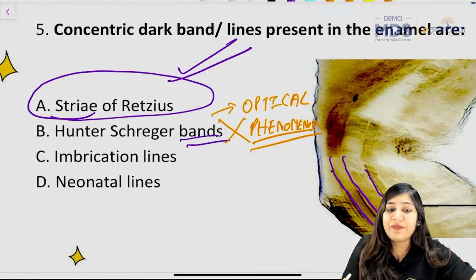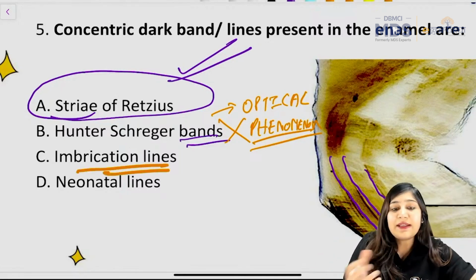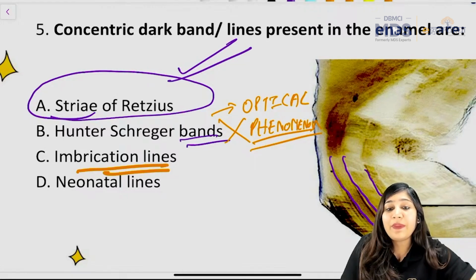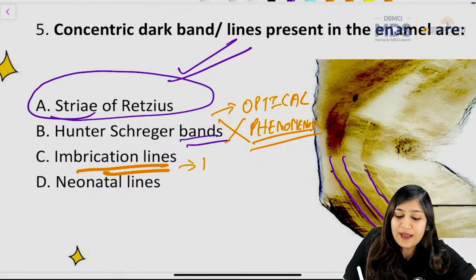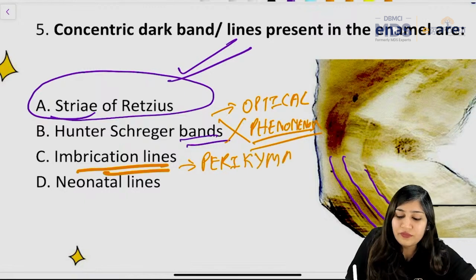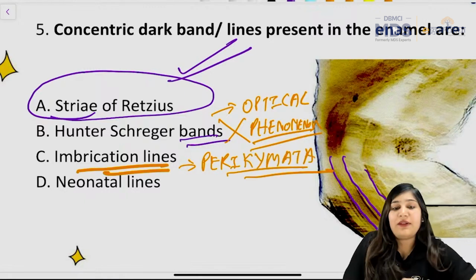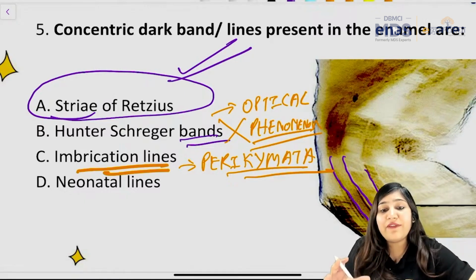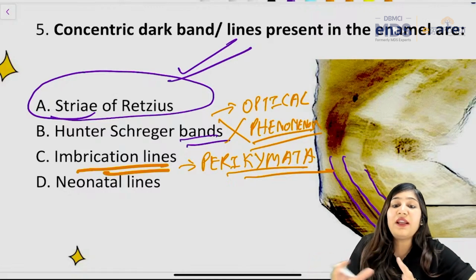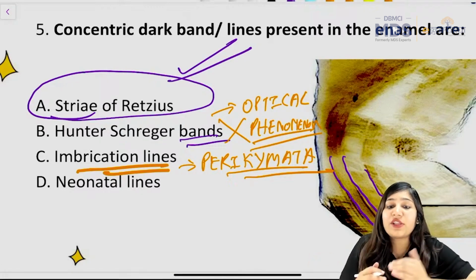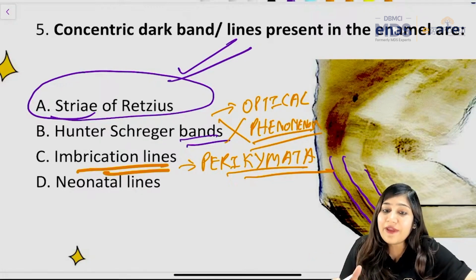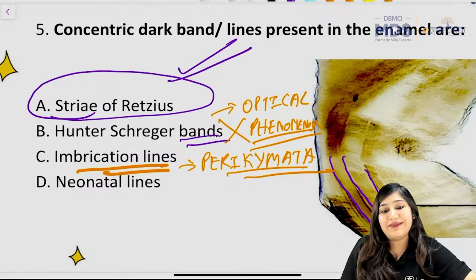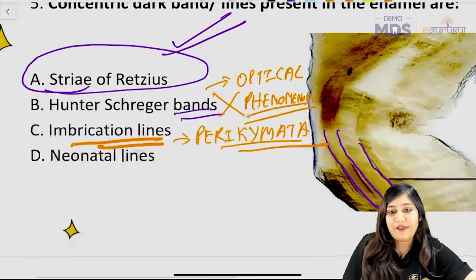Imbrication lines. This is basically a surface structure of enamel. It is also known as perikymata. They appear as transverse wave-like grooves on the outer surface of the enamel, parallel to each other. They are the external manifestation of striae of Retzius.